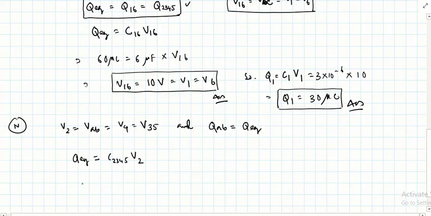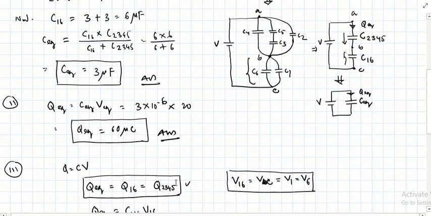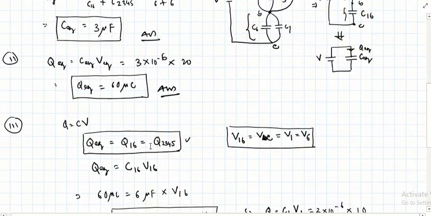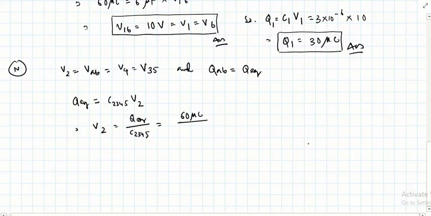Then I can find this V2 would be the Q equivalent divided by C2345. Q equivalent is 60 microcoulomb divided by C2345, which is the equivalent capacitor of 6 microfarad, right? So then I can write this is actually 6 microfarad.